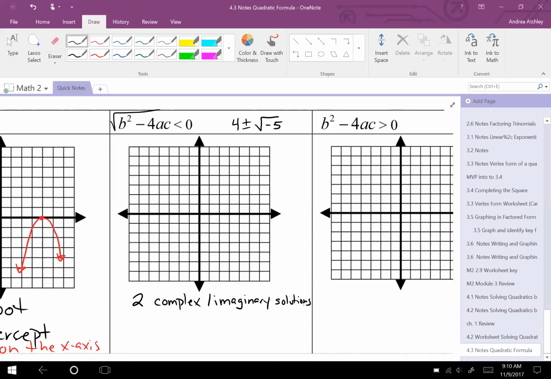Okay, what does that mean for my x-intercepts? If my x-intercepts are imaginary, what does that mean? They don't exist. Okay, I don't have actual x-intercepts. So my graph is going to look something like this. It'll have the vertex above the x-axis and face up.